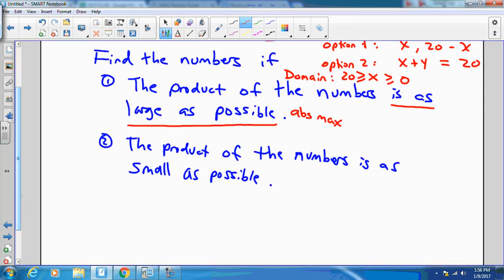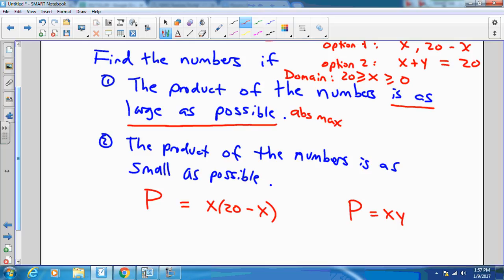This is code for is an absolute max. And what I want to be an absolute max is the product of those numbers. And so what does product mean? Multiplication, that's right. So I'm going to do my product of those numbers as, and if I'm working with option number 1, my product is going to be x times 20 minus x.